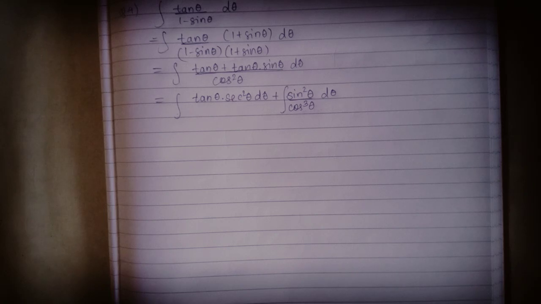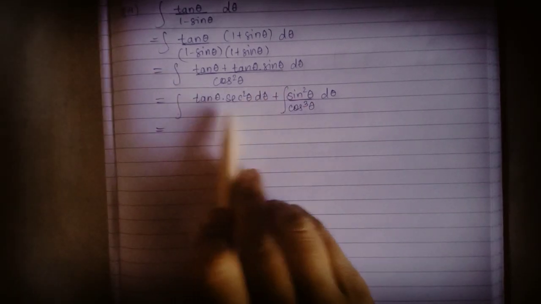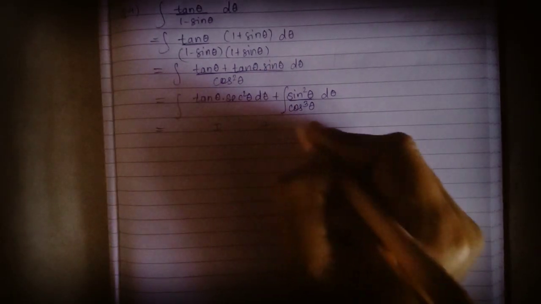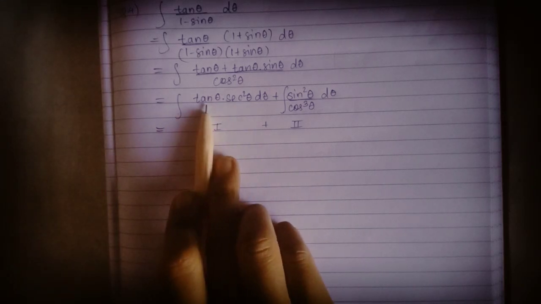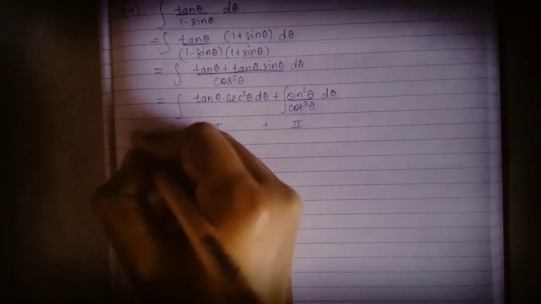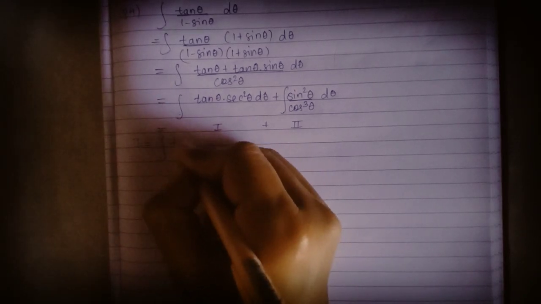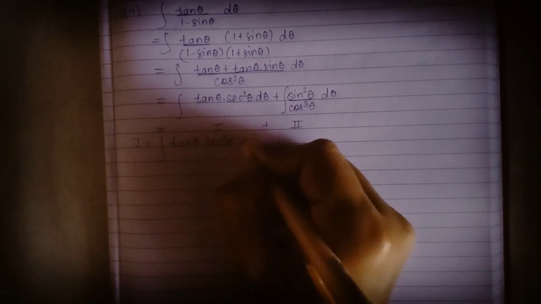Okay, so now you can solve this. I'll write this as integral 1 and this as integral 2. So this is direct: if you take t as tan theta, dt will be sec square theta d theta. So I'll solve integral 1: the integral of tan theta into sec square theta d theta.